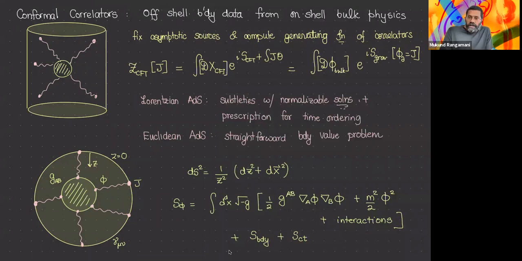Now, in the literature, these things are often written down together as a single boundary term, which is true. Oops, there's a typo here. This is d plus 1. This is a bulk action. These are both integrals over the boundary of AdS of the boundary value. They are functionals of the boundary value of the field.